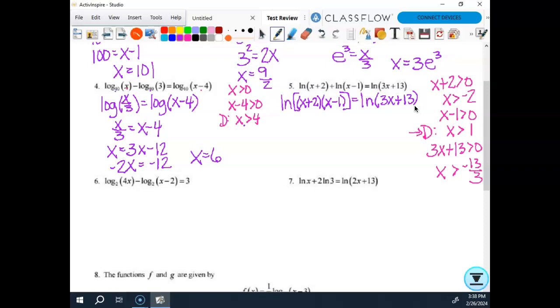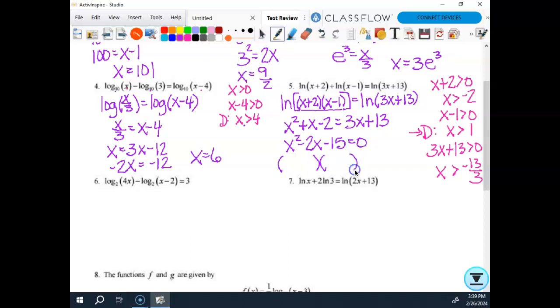So I'm going to drop the logs, and when I do that, I'm going to go ahead and multiply these together and get x squared. So it'll be plus 2x minus x minus 2 equals 3x plus 13. That is a quadratic, so I'm going to set it equal to 0. So x squared minus 2x minus 15 equals 0.